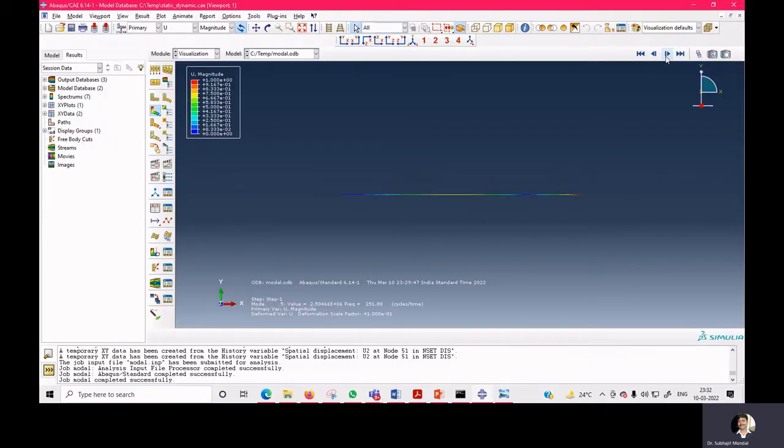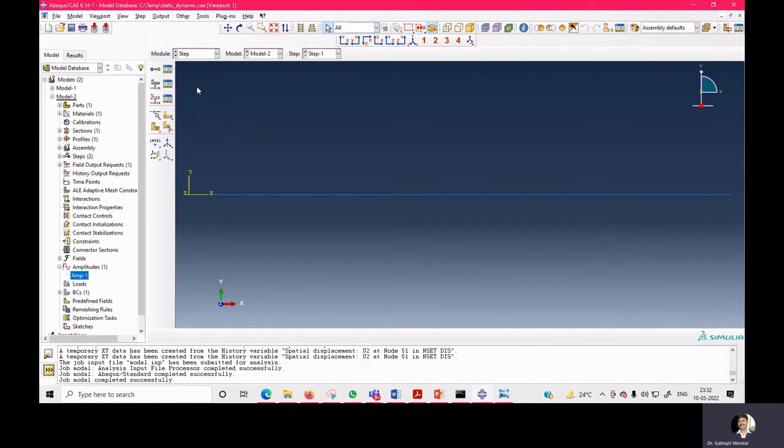So the second and fifth modes are not in our XY plane. So here we have learned that if we perform modal analysis, we get our frequencies and the mode shapes. Now we will go for steady state analysis.